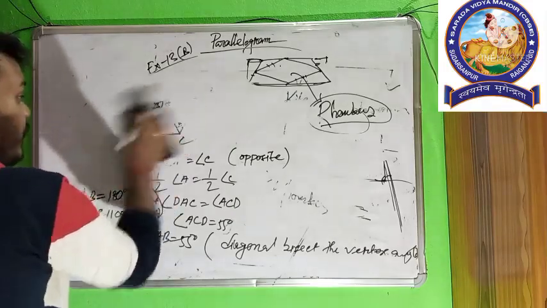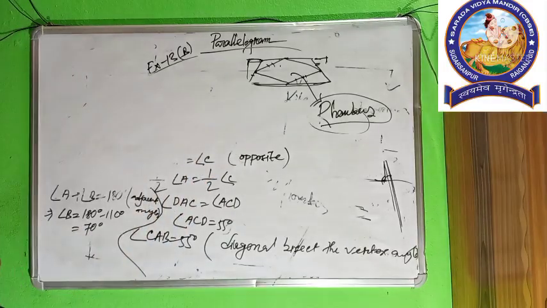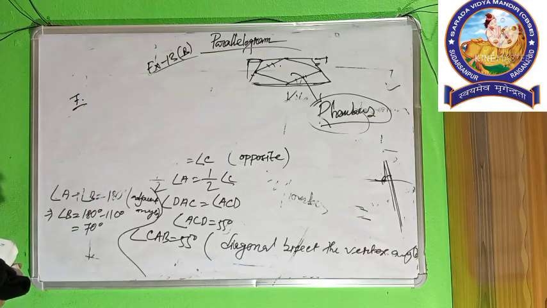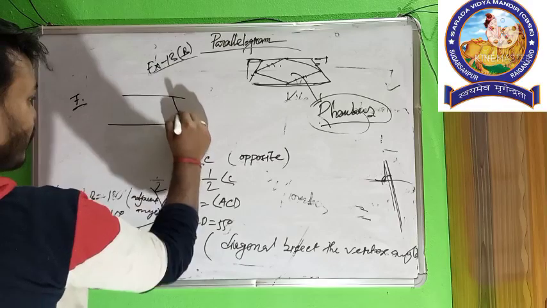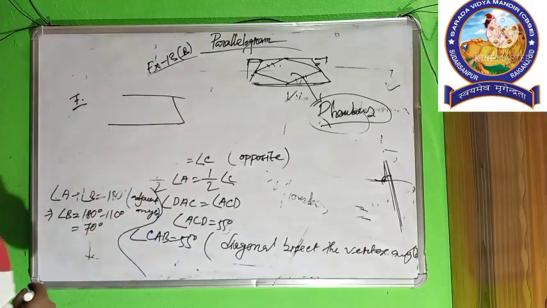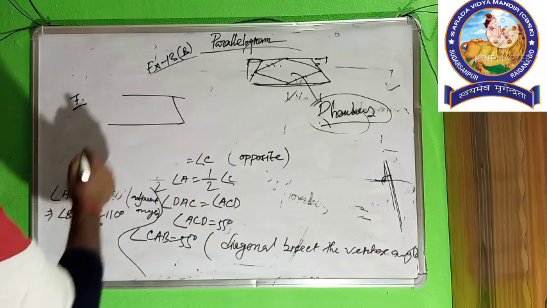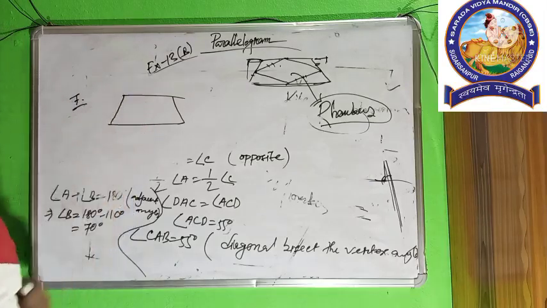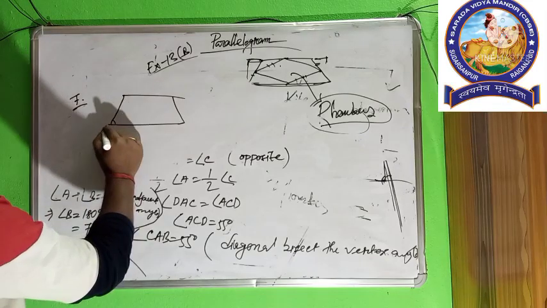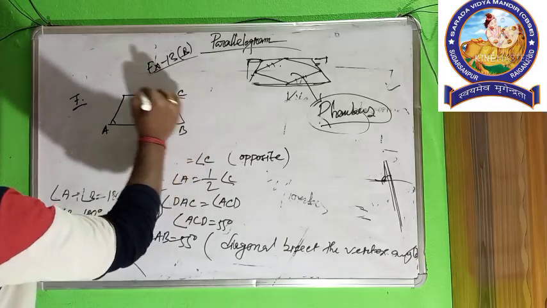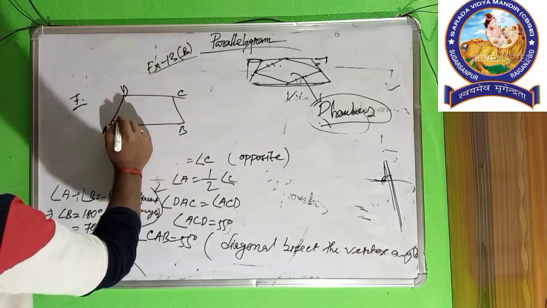Question 7. ABCD is a parallelogram. Angle A is 40 degree.